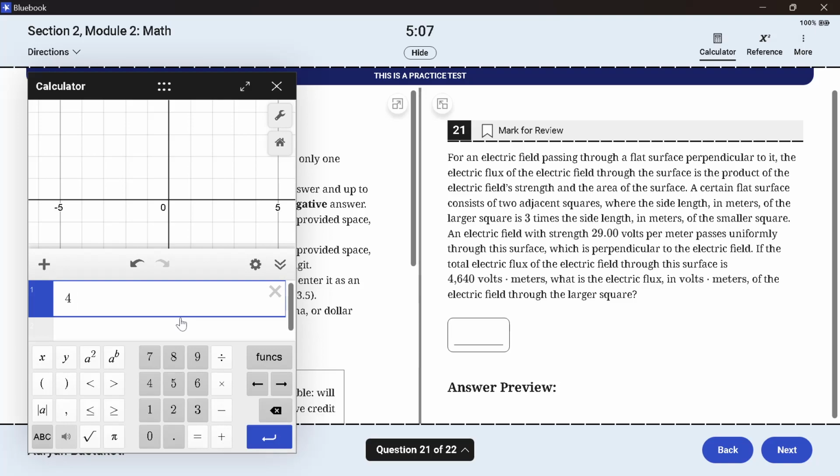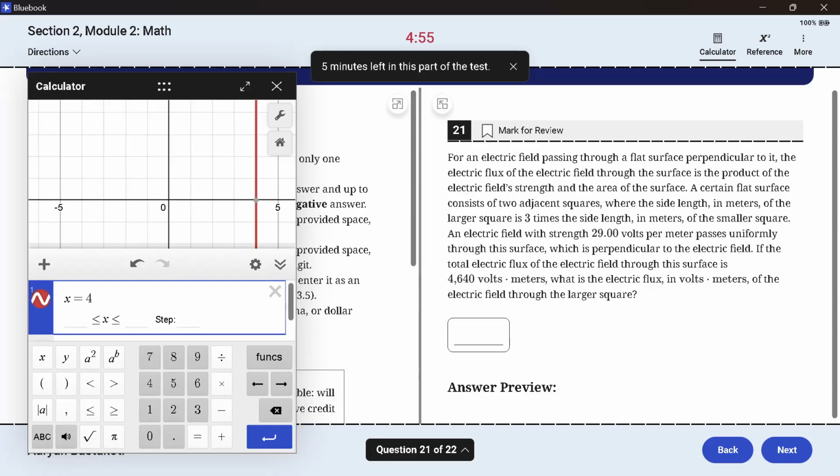So 4640 divided by 290, and the root of 16 is 4. So x is 4, x is the length. And if the length is x, if x is 4, then the length of the bigger square is 3 times 4, which is 12.